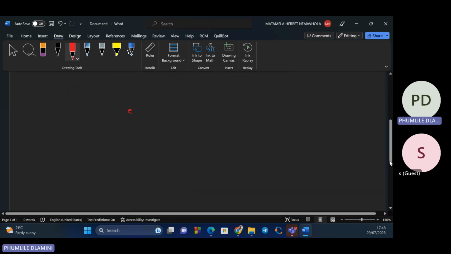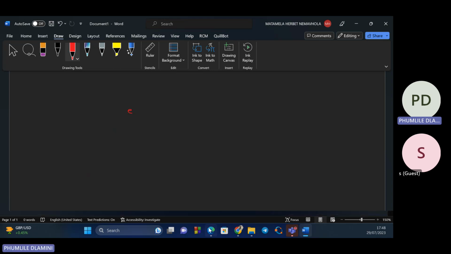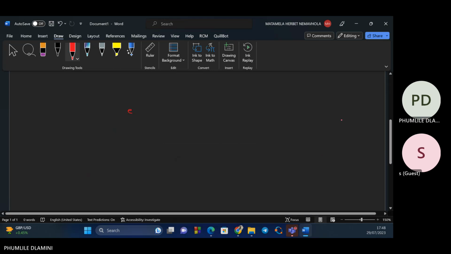Then let's check. The question says we must check the inverse of g, if it exists. So let's check if the inverse of g exists.